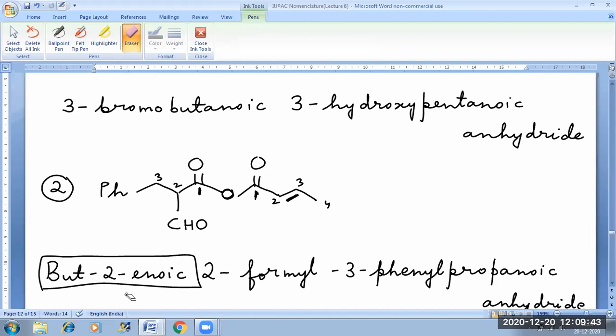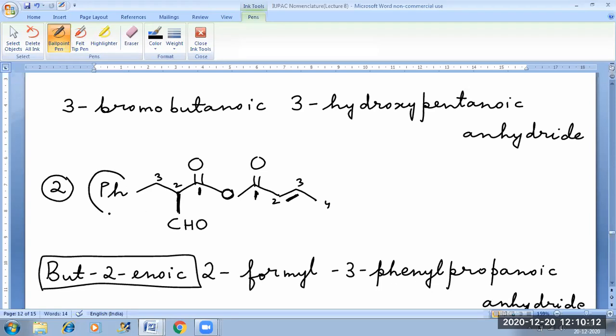Now look at the part which is on the left hand side. So the part which is on the left hand side contains CHO as a substituent at the second carbon atom. So I wrote 2-formyl because formyl is the prefix for CHO when it is a substituent. 2-formyl, 3-phenyl.